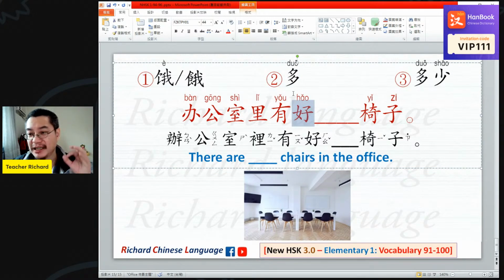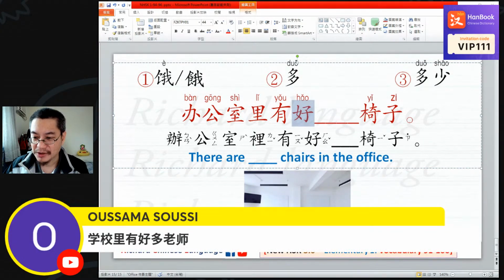Okay, so 好 is a necessary word to modify an adjective. So 好 is also the key word to find out your answer. 学校里有好多老师. Yeah, very good.